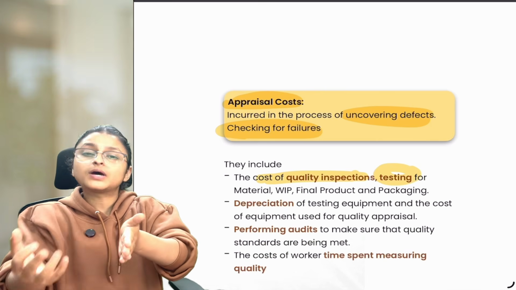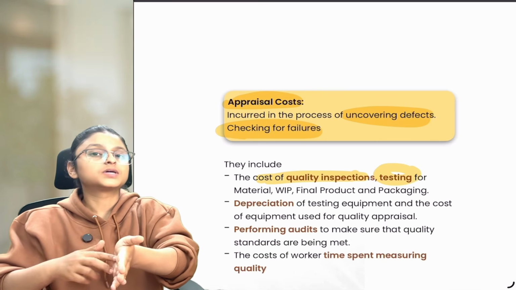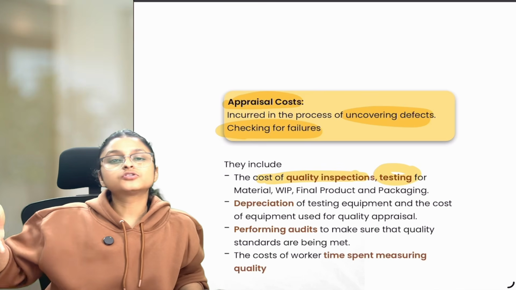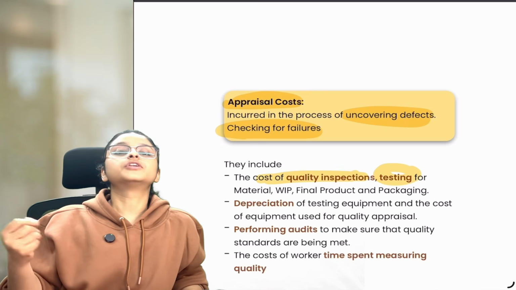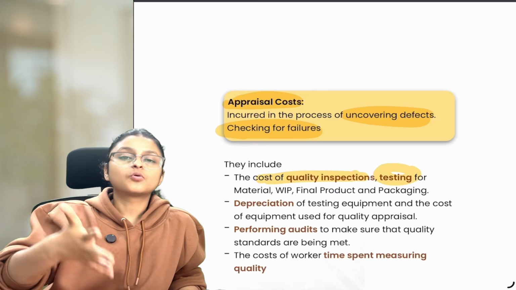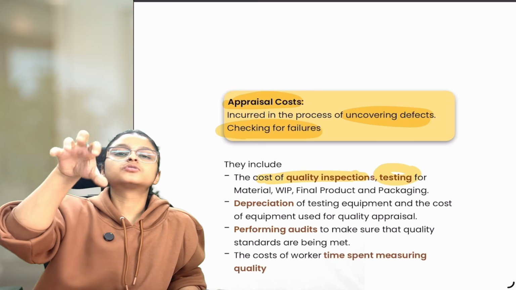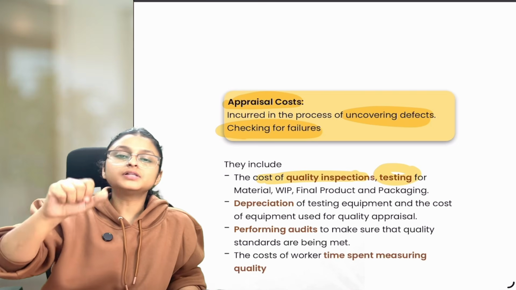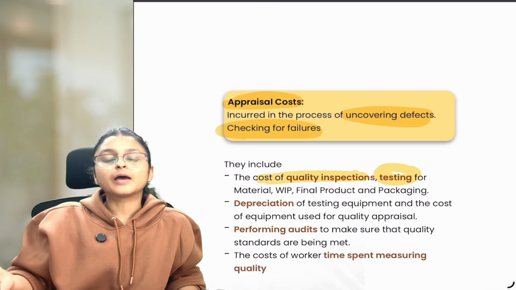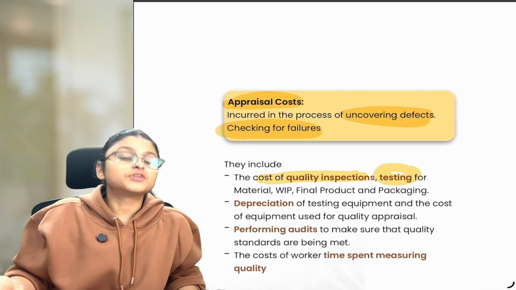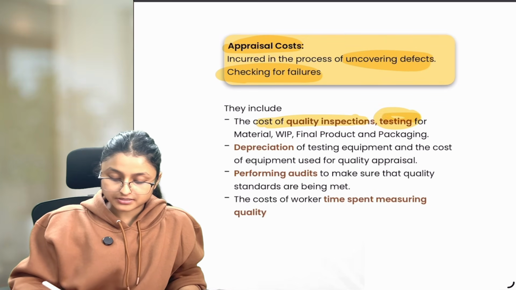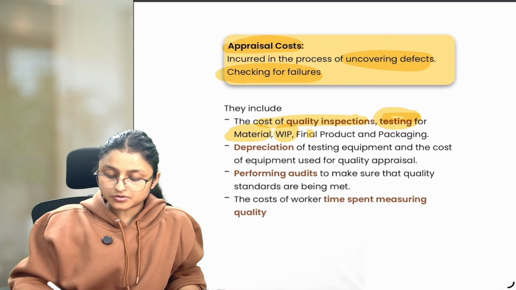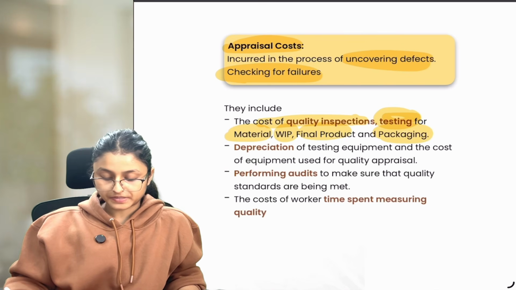Sometimes in between, once they will check, that is known as checking the work in progress, and then they will also check their final product. Okay, so inspection can also be done in different stages as we do for quality control, but mainly quality control checks only the samples, whereas in inspection it can happen that the organization is checking every product. Done. So they include the cost of quality inspection like testing for material, work in progress, final product, and packing also.